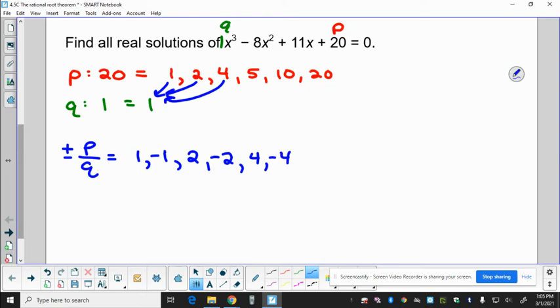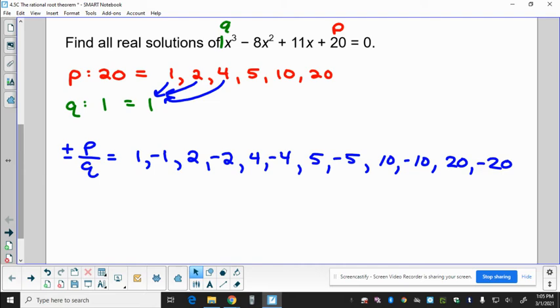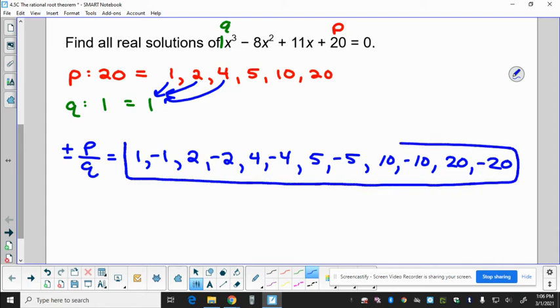Well, if you keep going through this, it would just be all these numbers. And the list would be much longer if Q had more factors. Okay, so that list right there is important. That contains all of the possible solutions to this problem.